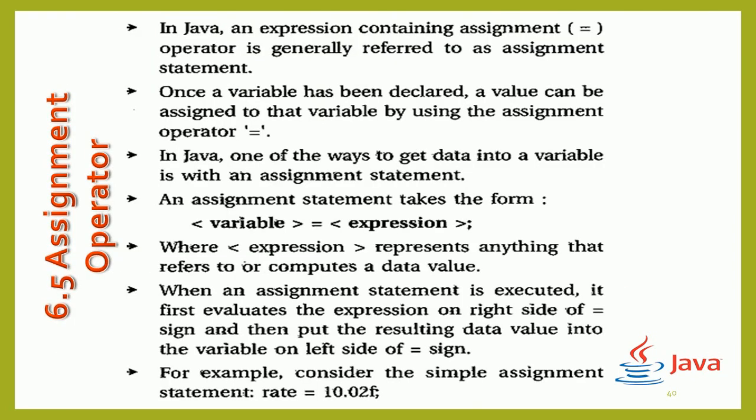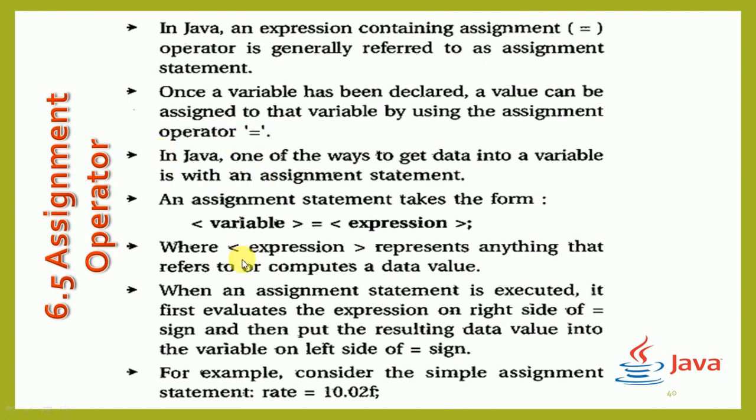Now the assignment operator in Java. An expression containing the assignment, the equal sign operator, generally refers to an assignment statement. Once a variable has been declared, a value can be assigned to the variable by using the assignment operator.